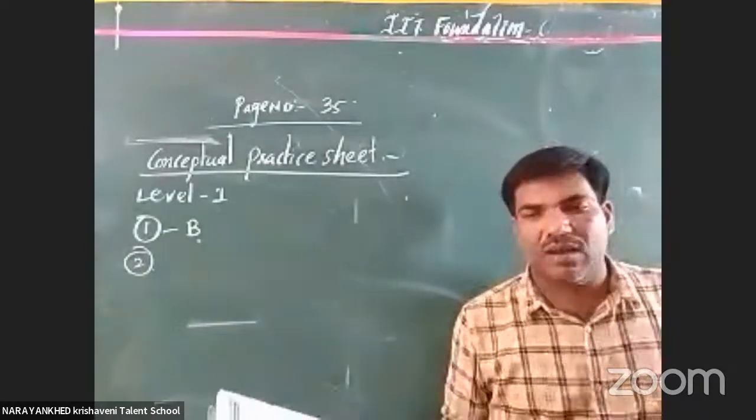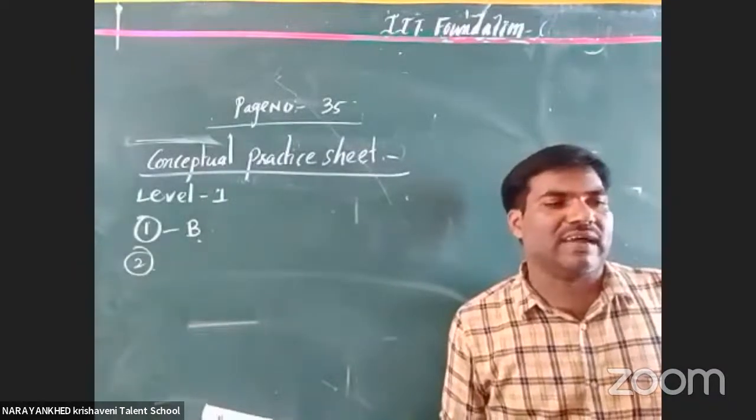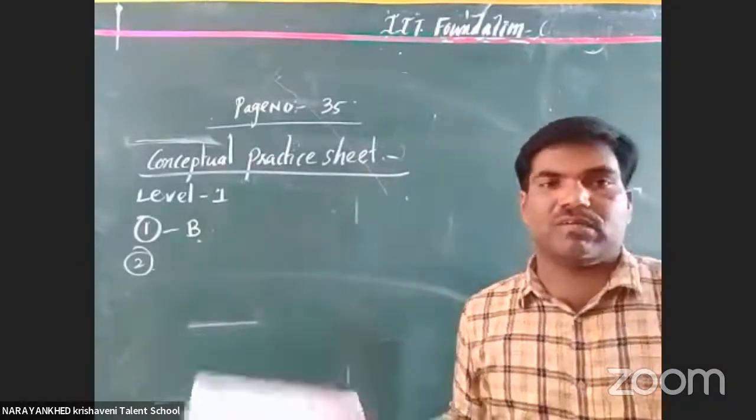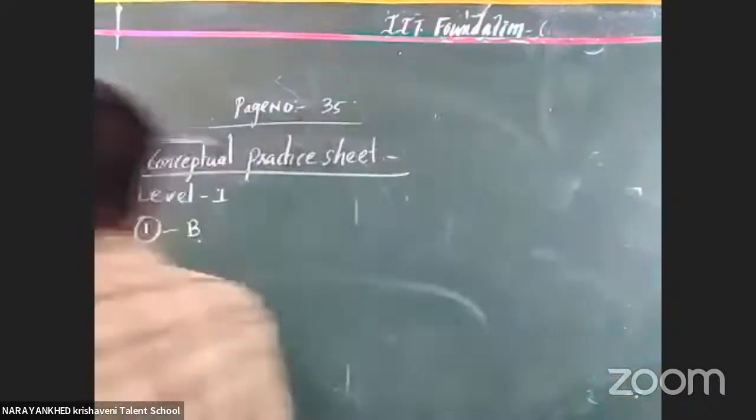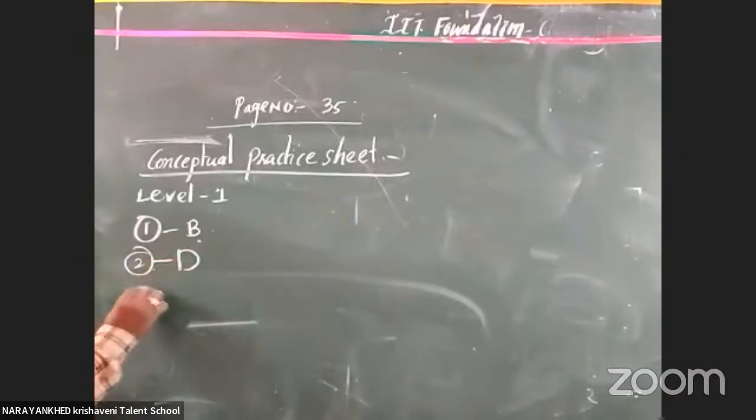Already you know very well what a vector is. It contains both the direction as well as the magnitude. Both will be contained. That is why the answer is D.